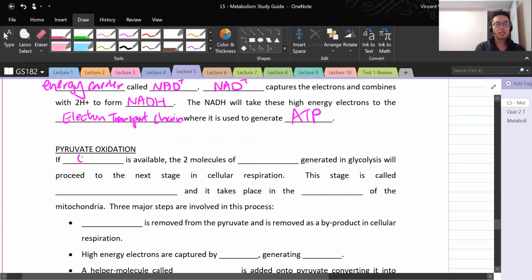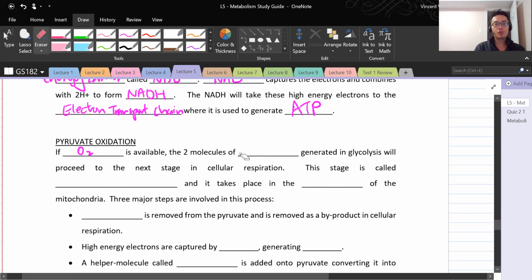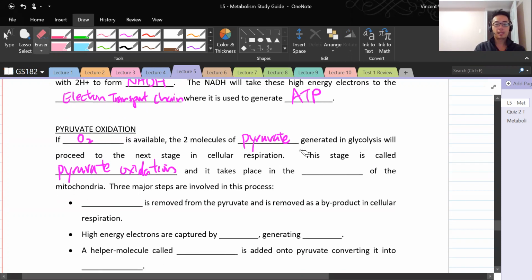Pyruvate oxidation. If oxygen is available, the two molecules of pyruvate generated in glycolysis will proceed to the next stage in cellular respiration. This stage is called pyruvate oxidation, and it takes place in the matrix of the mitochondria.